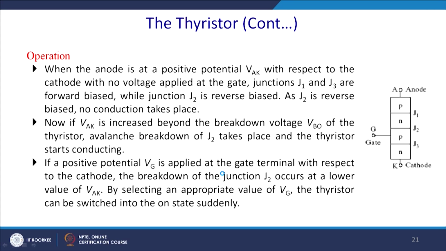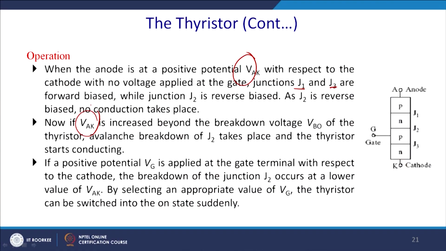Operation: when the anode is at positive potential, that is when VAK is positive with respect to the cathode and no voltage is applied to the gate, it is said to be the forward blocking mode. The junctions J1 and J3 are forward biased, while junction J2 is reverse biased, and J2 will block the whole voltage.